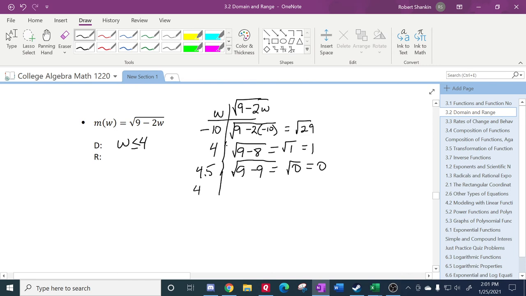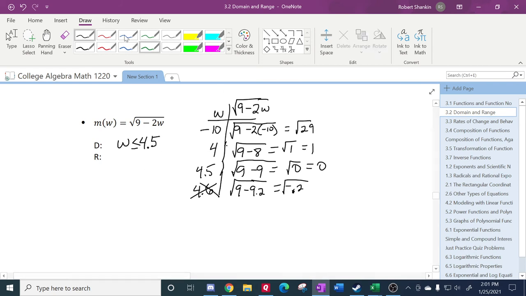But could I use 4.6? All of a sudden, the 2w is going to be bigger than 9. This is going to be the square root of 9 minus 9.2, and it's negative 0.2. So this one doesn't exist. So, really good start. 4, but let's modify it. We can go all the way up to 4.5.